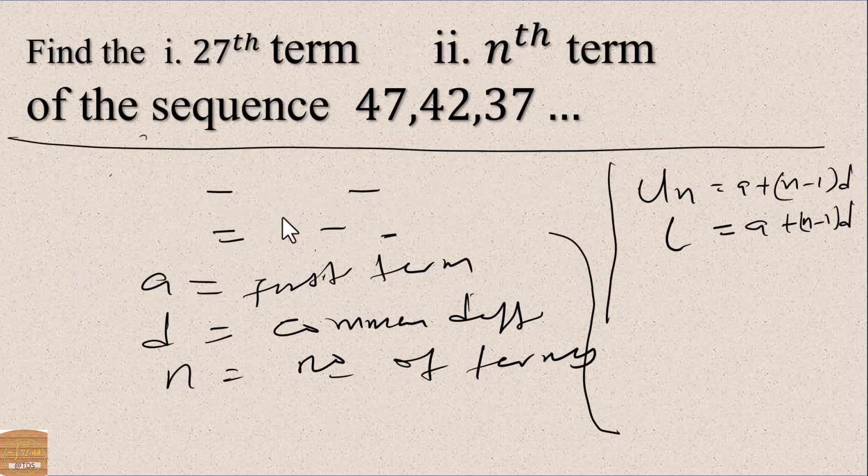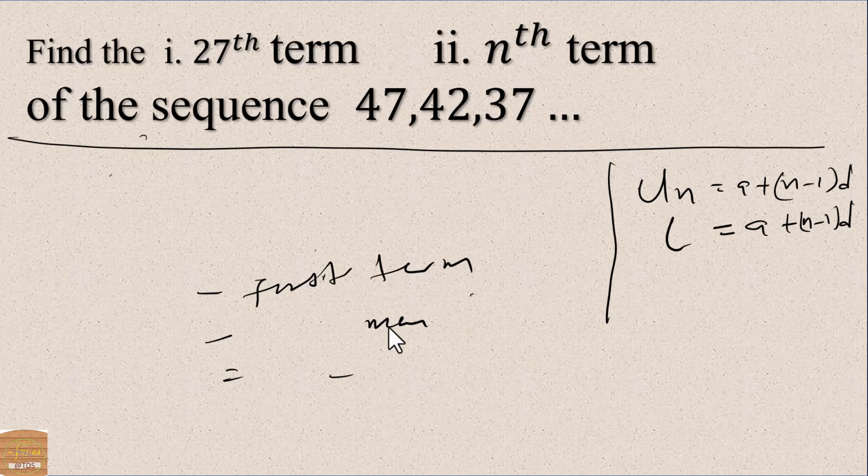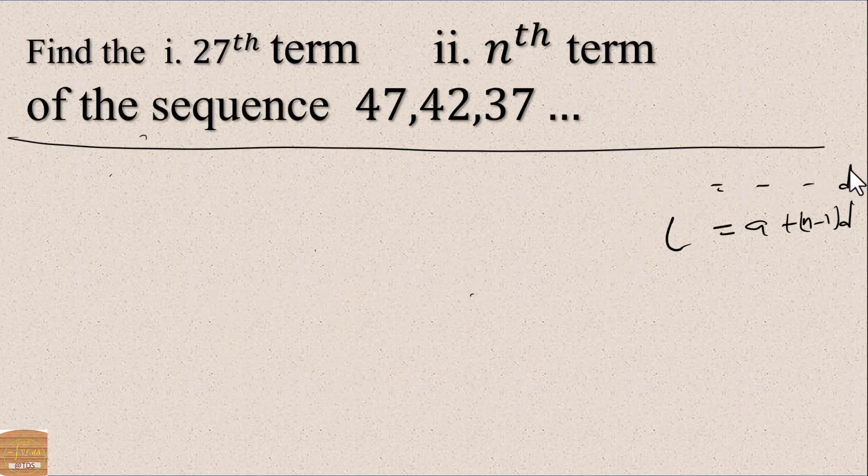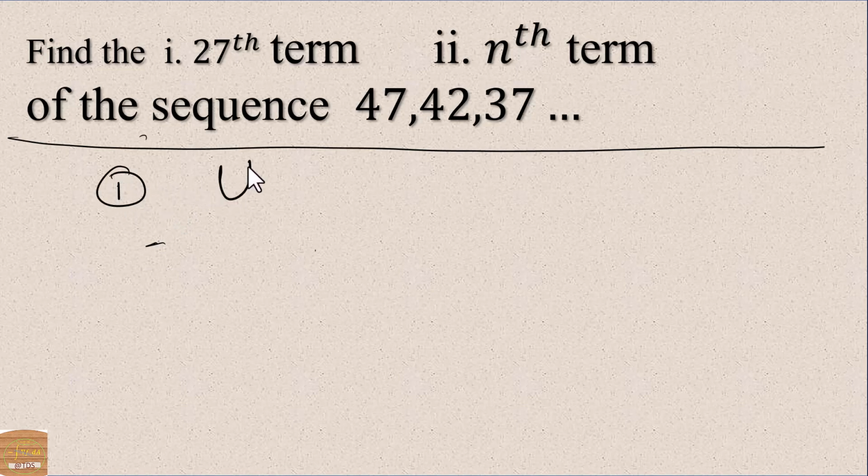The 27th term will be U27 equals a plus 26d.